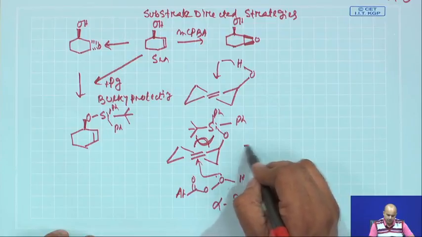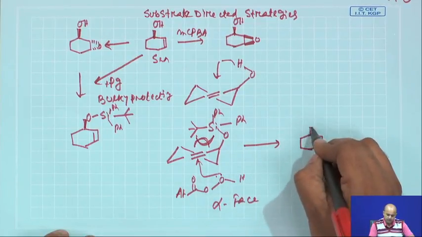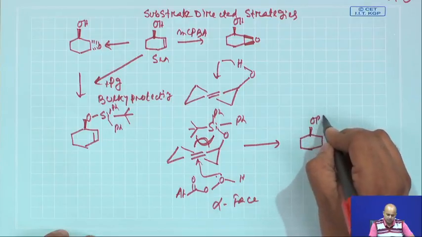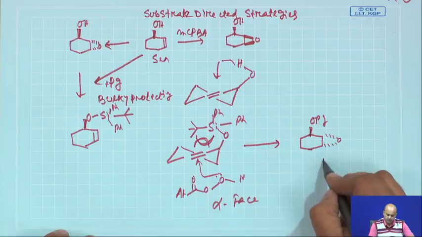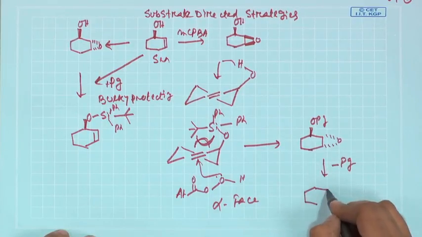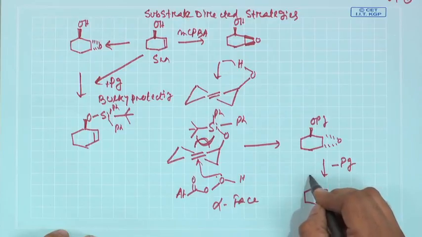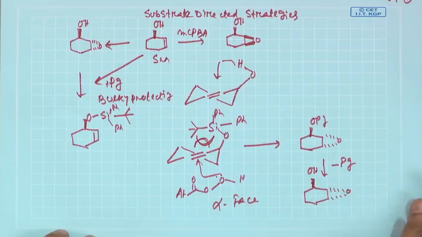And this is very obvious. You react in this fashion, you get this alpha epoxide. Now, simply remove this PG to get the required diastereomer which is desired.